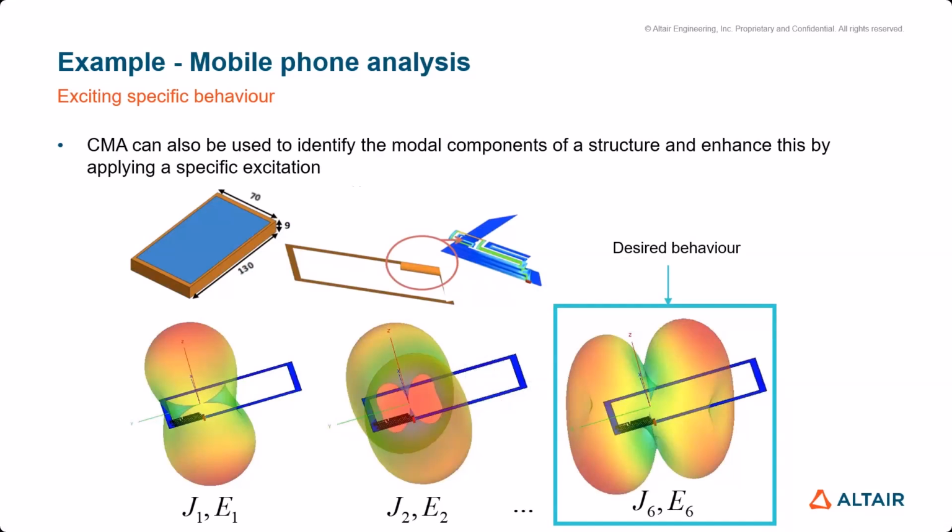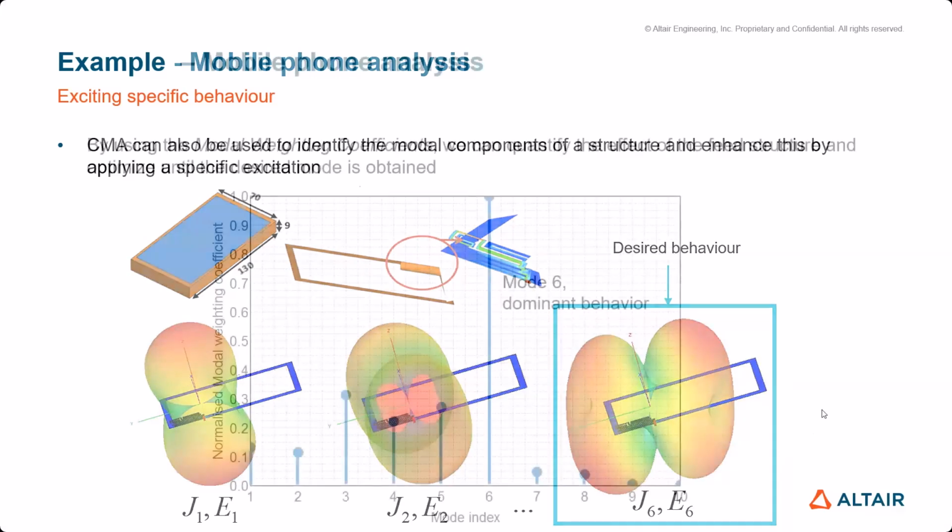So for example, in this case where we've got a metallic frame surrounding the device, we can look at the current distribution and the radiation performance of each of the modes and identify the one with the most beneficial or desired behavior. In this example, we consider the mode number 6 as the most beneficial one, and we can then aim to try to excite that mode in the structure to obtain that physical performance.